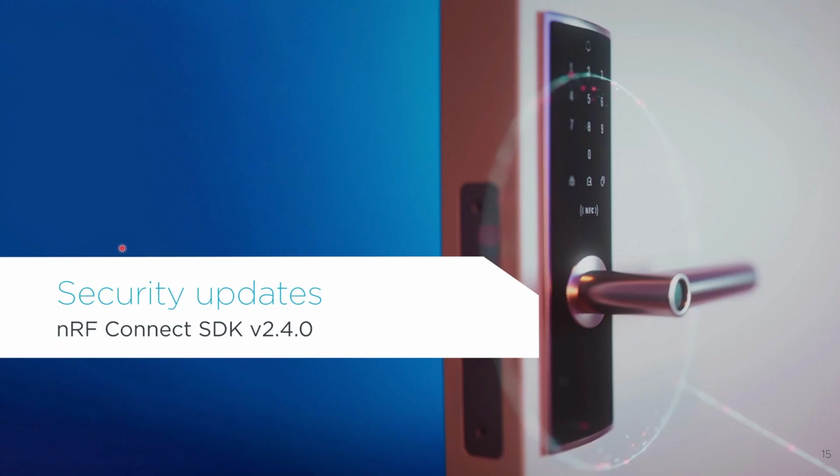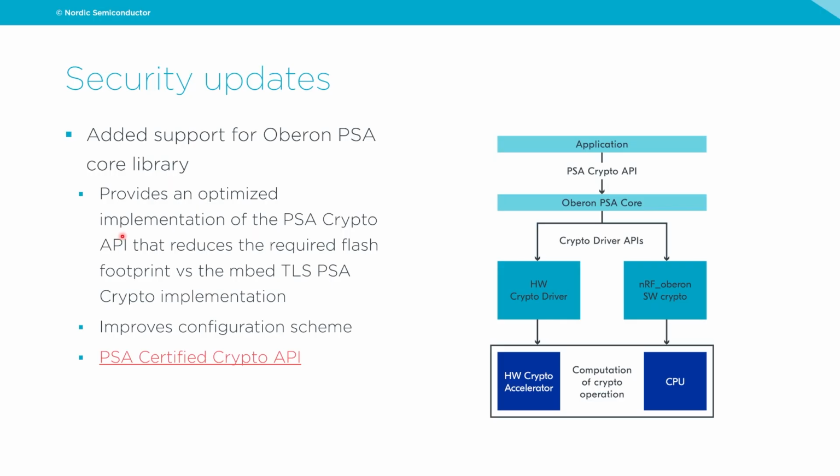And from the PMIC, we go into security updates. So in security, we have added support for the Oberon PSA-Core library. This is a library provided by a third-party company called Oberon Microsystems, and it provides an optimized implementation of the PSA crypto API.